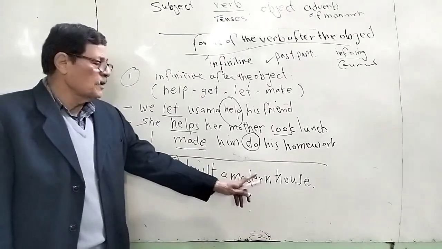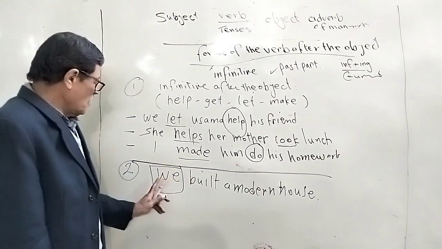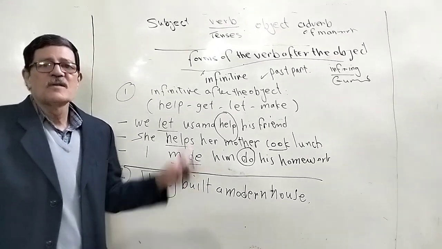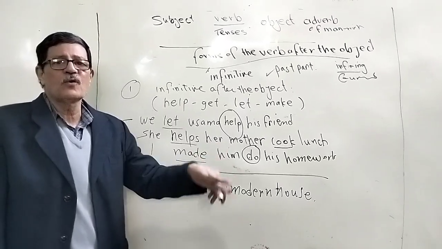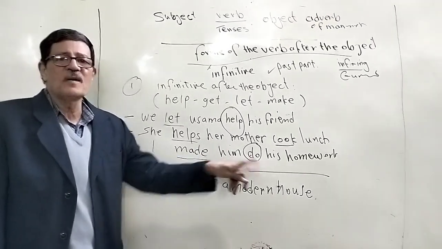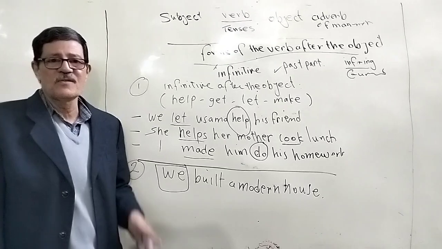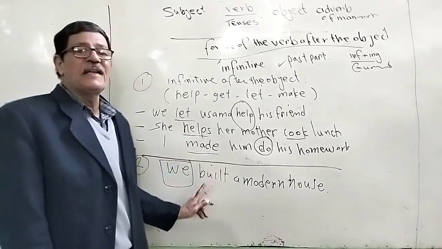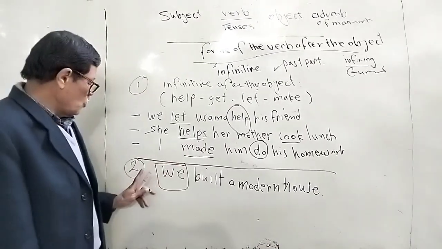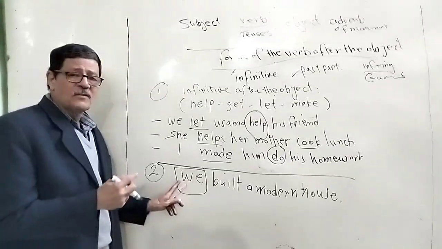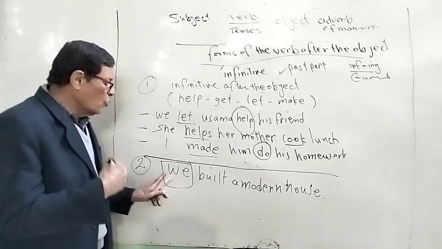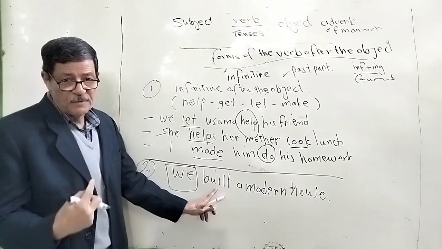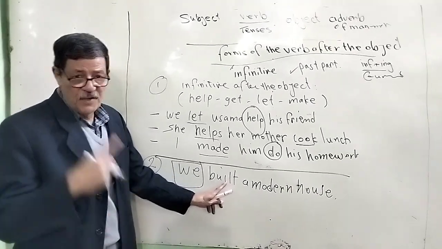Who built a modern house? The subject we or another one? Another one. The builder who built the modern house for us. So the subject here isn't the one who performed the verb. Another one.